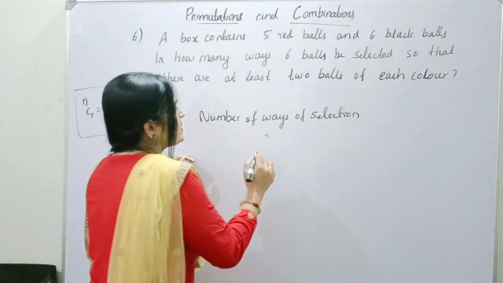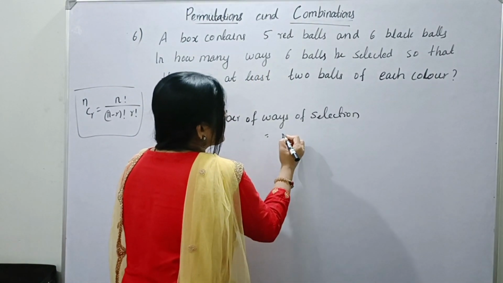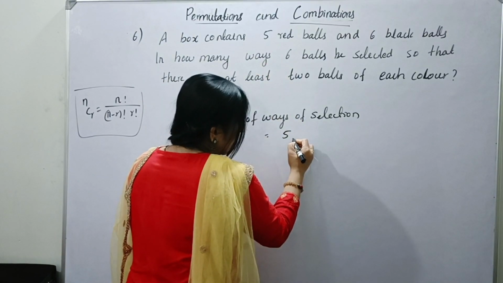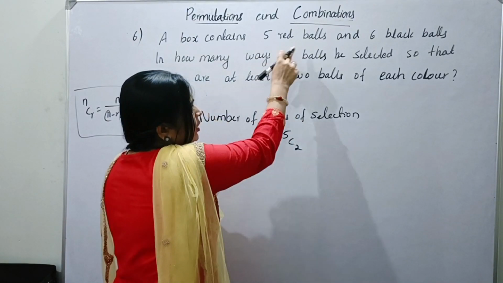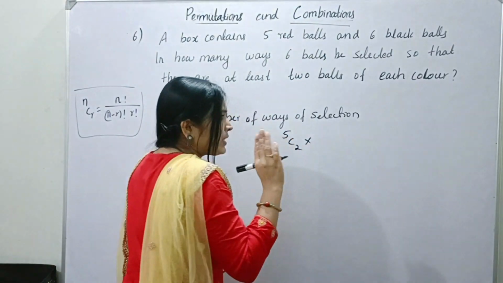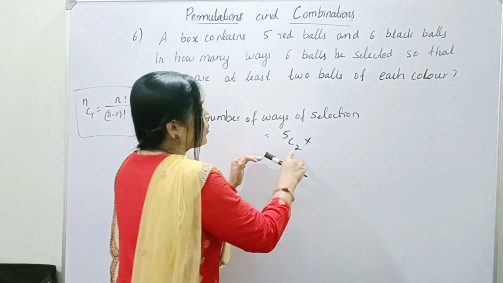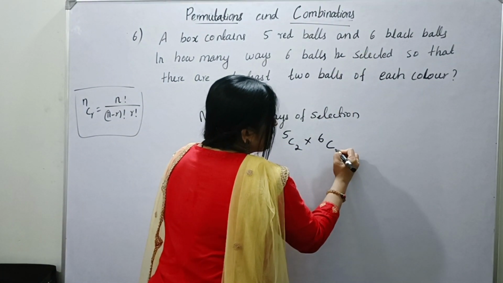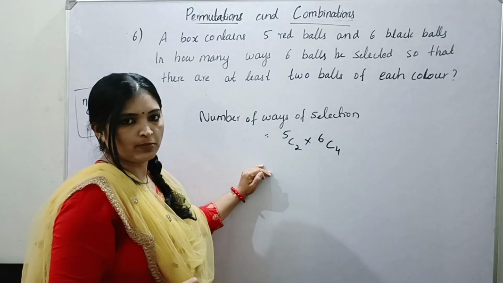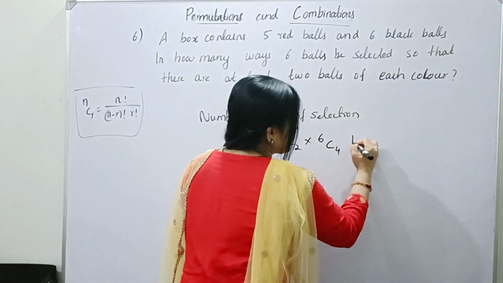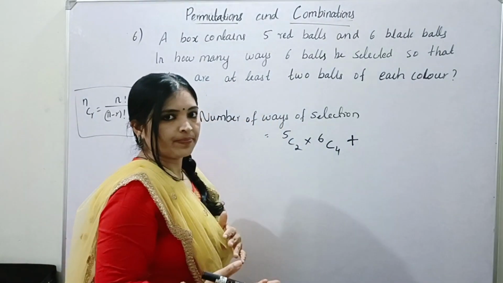So here first we will select out of 5 red balls, 2 red balls. Then we have to select a total of 6 balls, so out of 6 black balls we will select 4 black balls. So that is 5C2 into 6C4, plus the next combination.